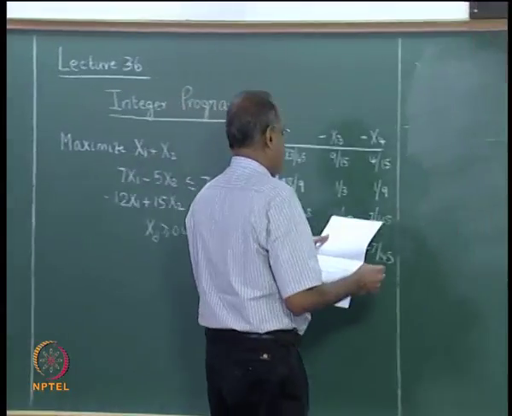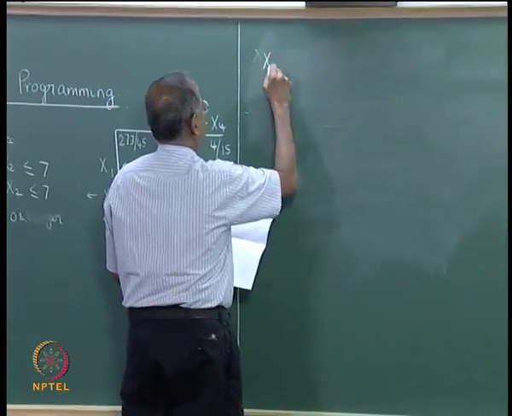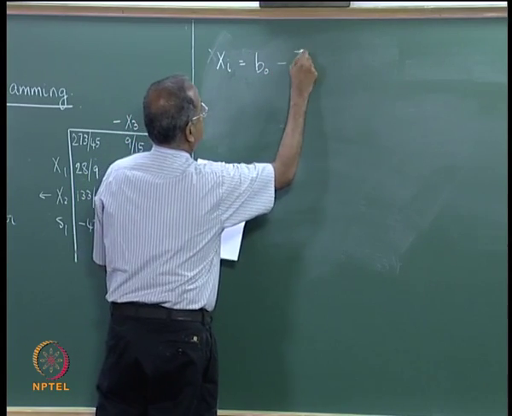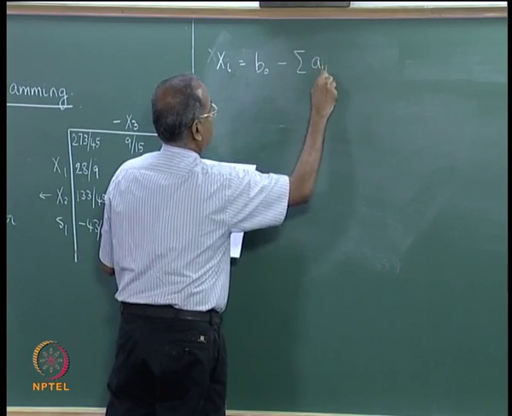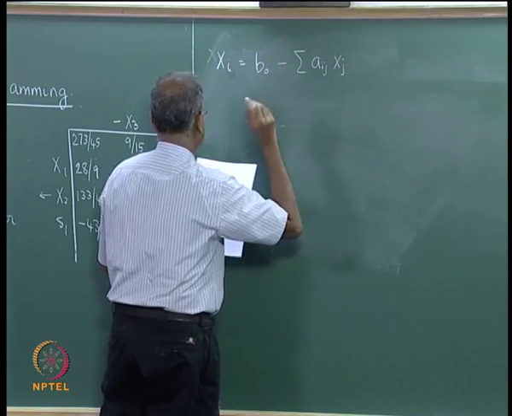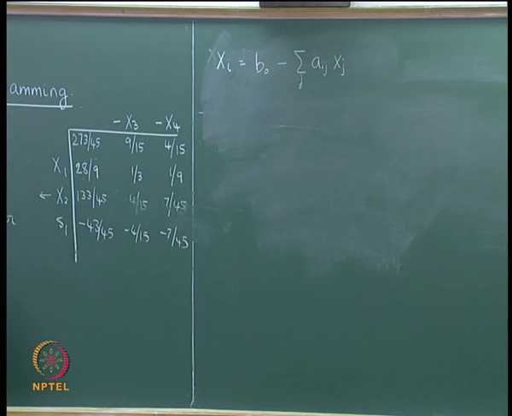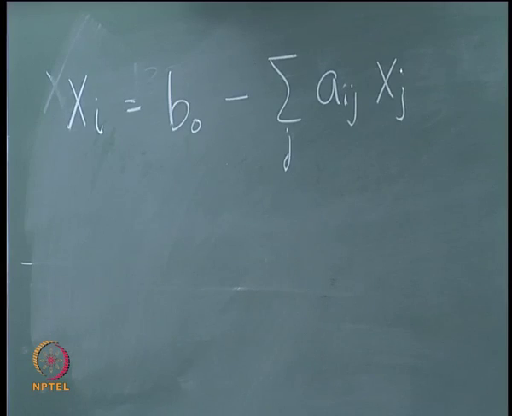So let us assume that xi is equal to b naught minus sigma aij xj summed over j. Now essentially there is a source row from which we are generating the cut.